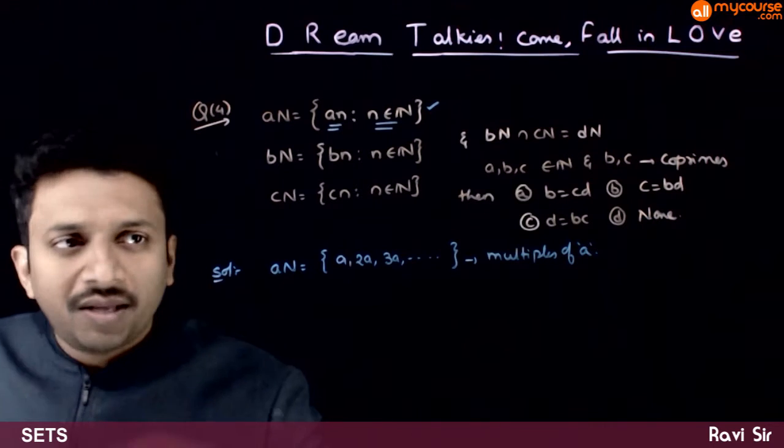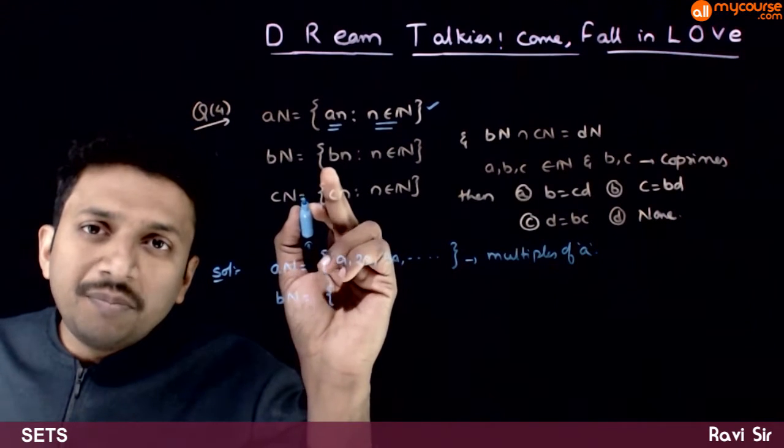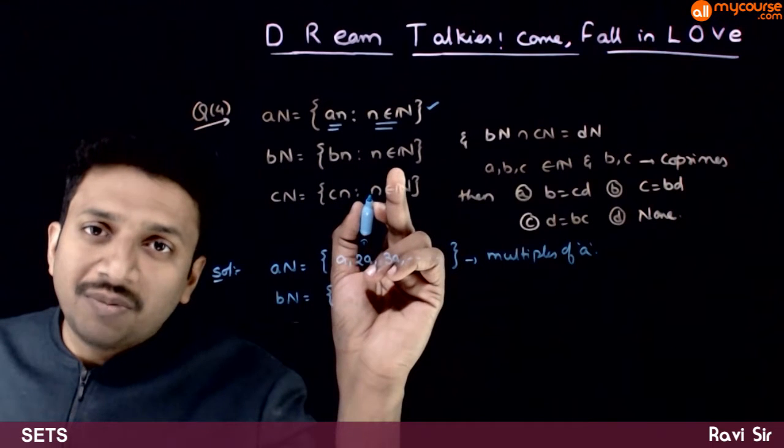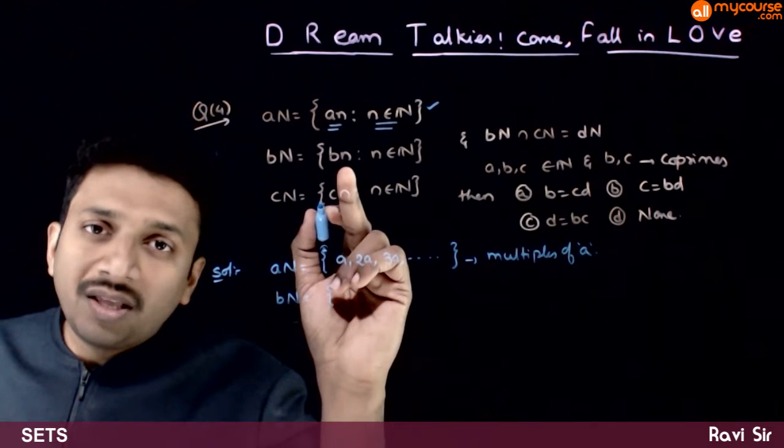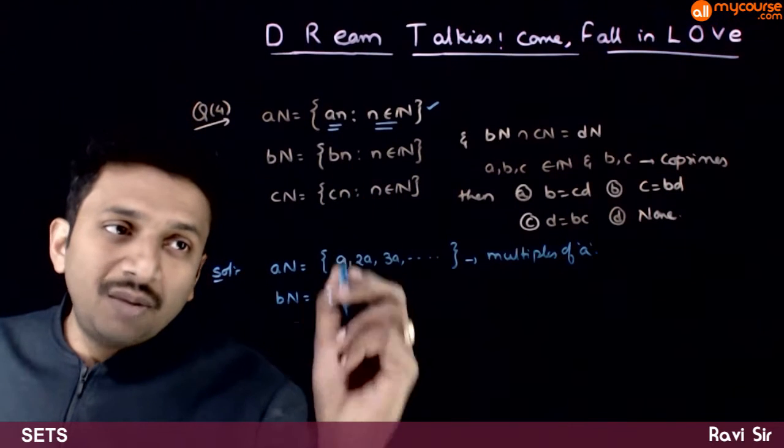Multiples of number A. Similarly, Bn denotes B into N where N belongs to natural numbers. So N is equal to 1 gives B, N is equal to 2 gives 2B, N is equal to 3 gives 3B, and so on.